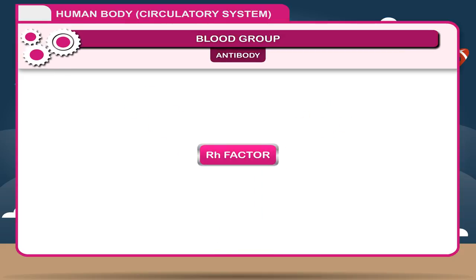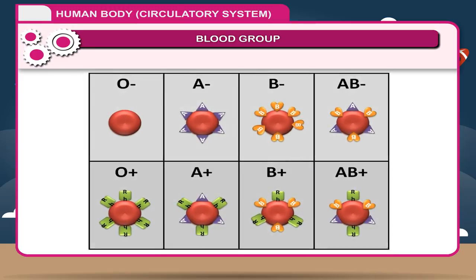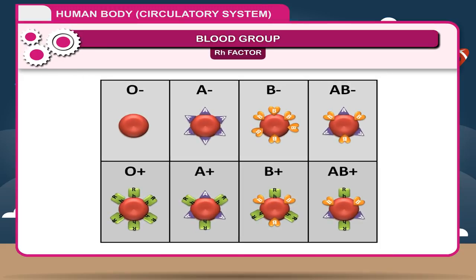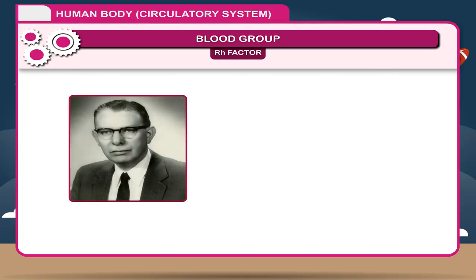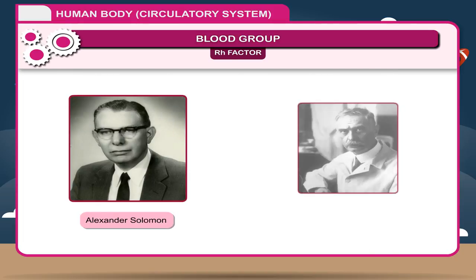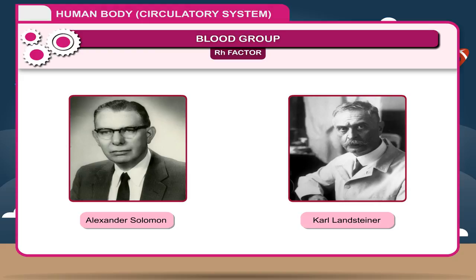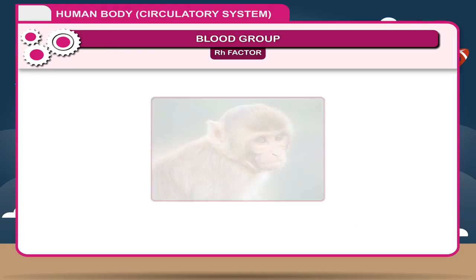Rh factor. Besides the above blood groups, there is another antigen factor called Rh factor which is found on the surface of RBCs. It was discovered by Alexander Solomon and Karl Landsteiner in 1937 in the rhesus monkey.